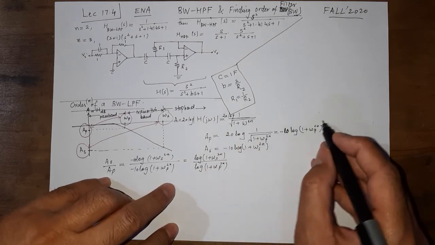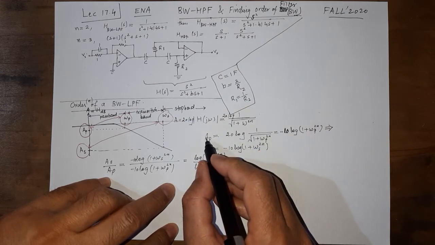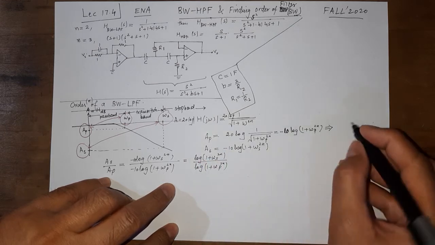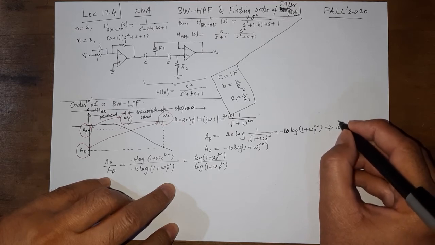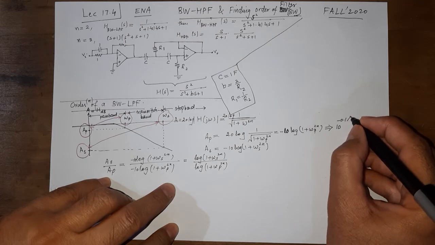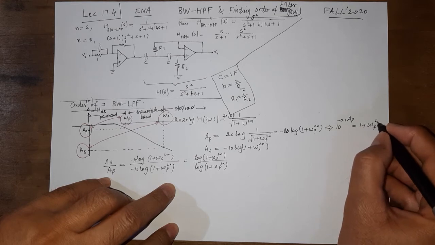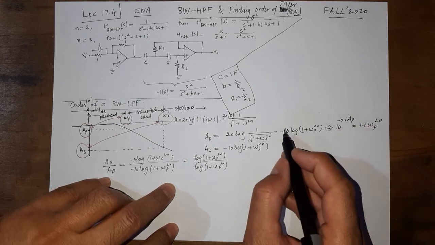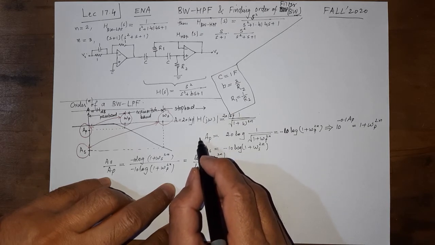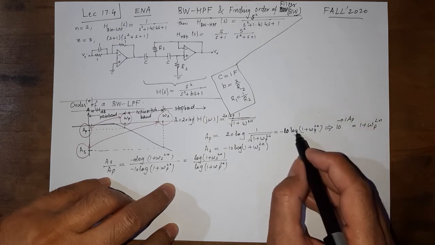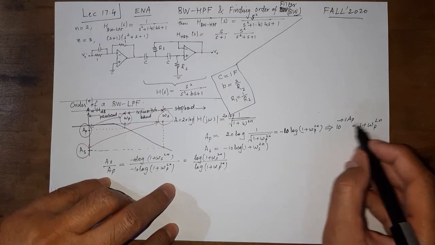We can actually extend this to see that if AP is equal to this thing, then 10 raised to the power minus 0.1 AP would be equal to 1 plus omega p power 2n, because this minus 10 goes to the denominator, AP over minus 10, which is minus 0.1 AP, and then to undo the log we take the antilog on both sides, or write this as 10 raised to the power, then we get this thing.